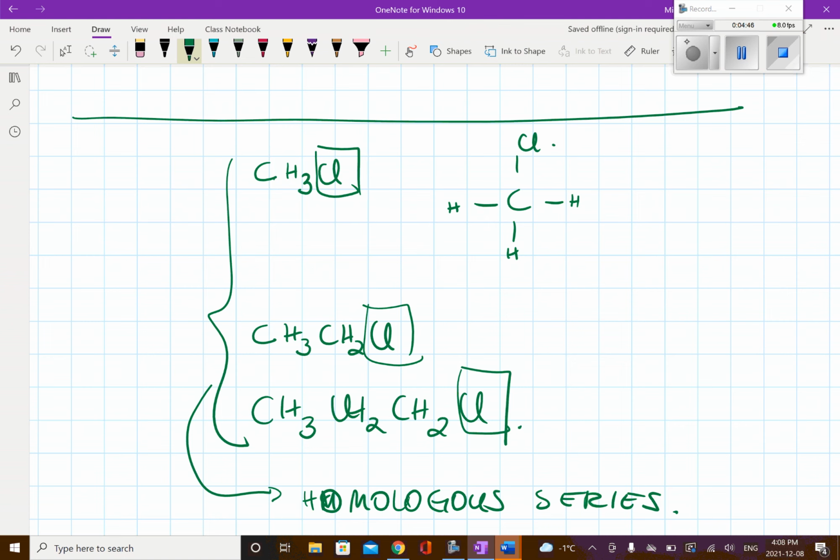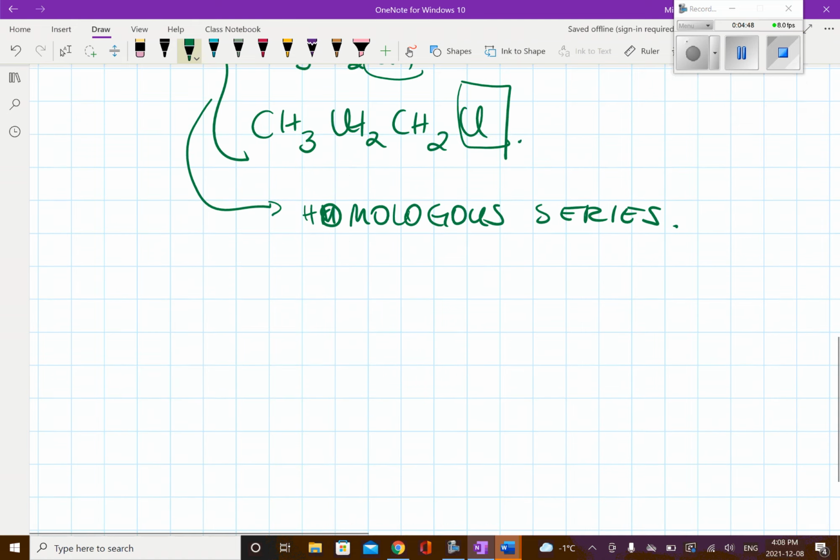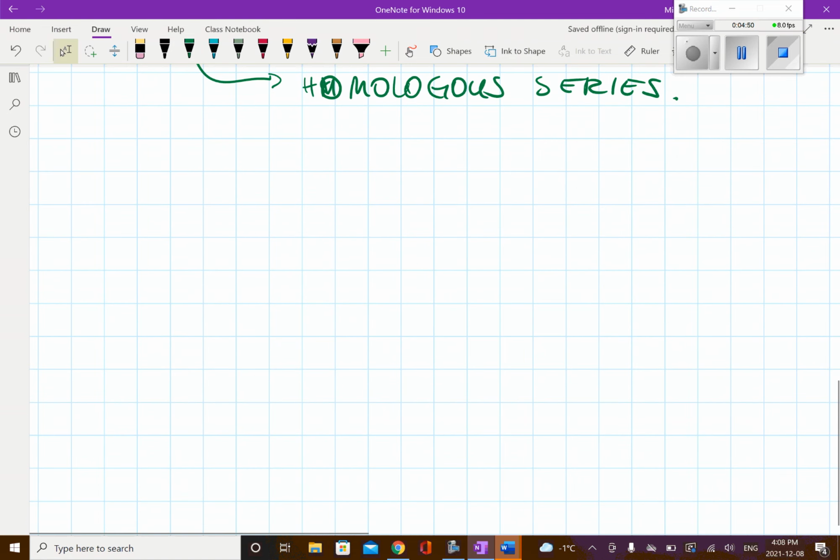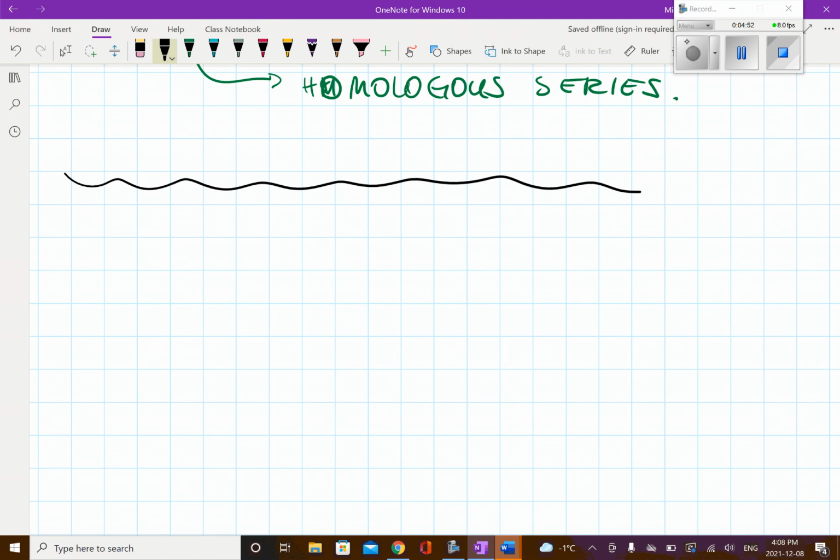Okay, so let's move to the first group of hydrocarbon derivatives, which is halides, which are part of group 17 in your data booklet: fluorine, chlorine, bromine, iodine, and so on.